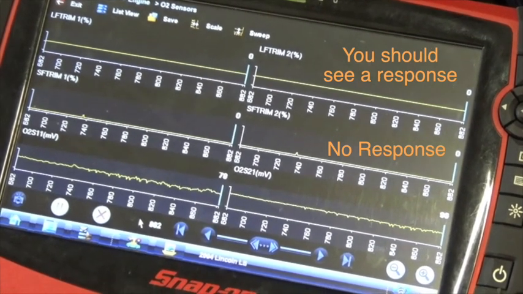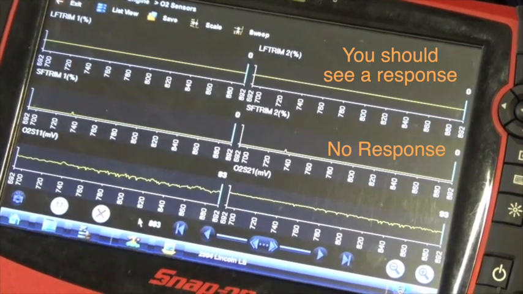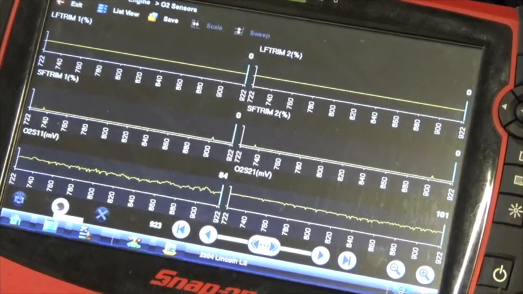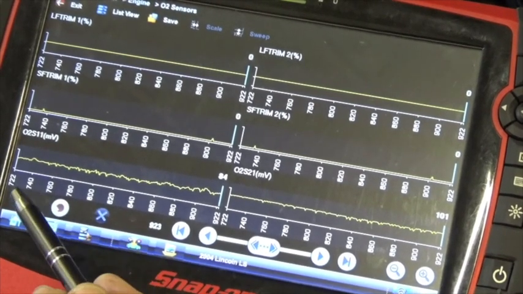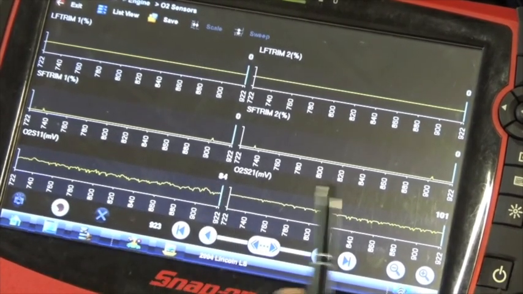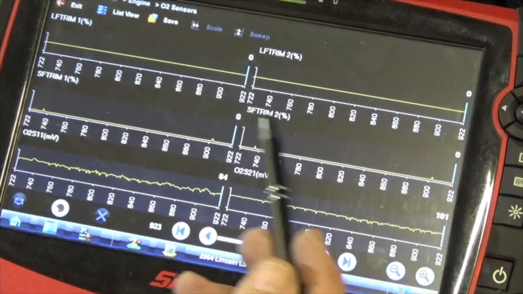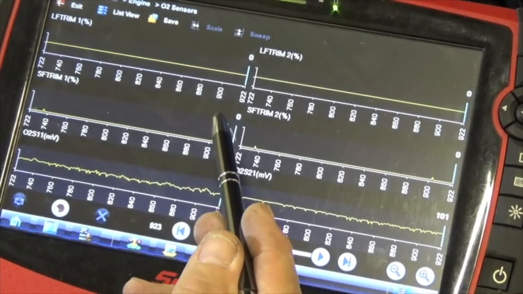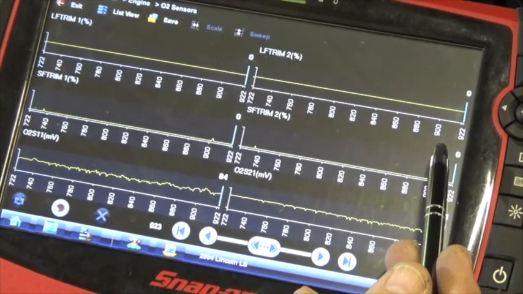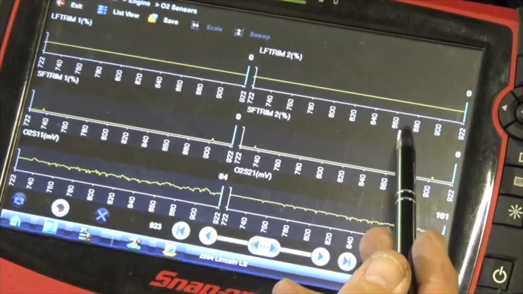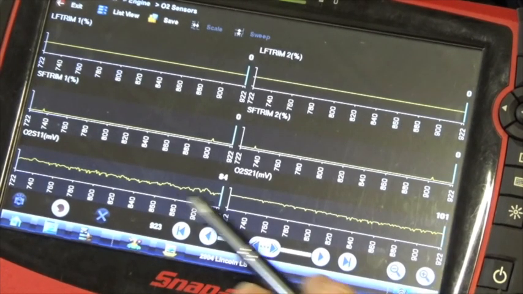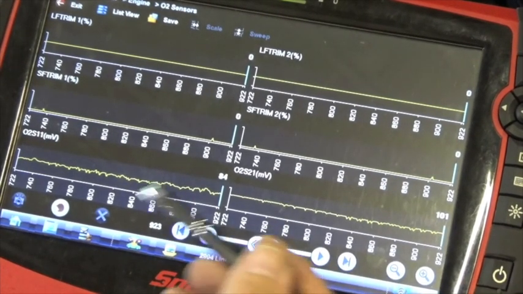Idle. Now let's review the numbers. So our oxygen sensors are staying very, very lean. Our short term is not adding any fuel to compensate for that lean condition. If you heard me, I said a couple times that I went to wide open throttle. There was no change.